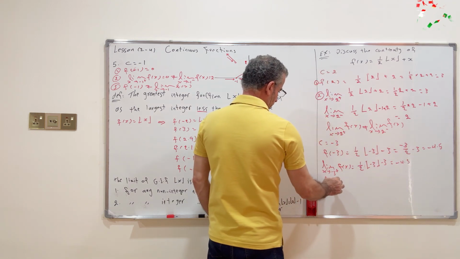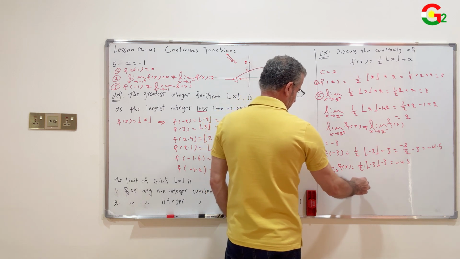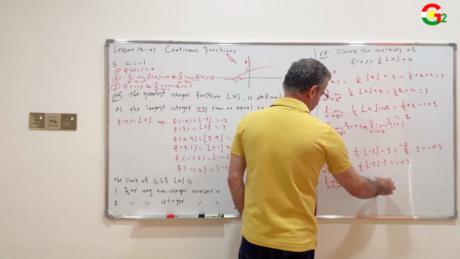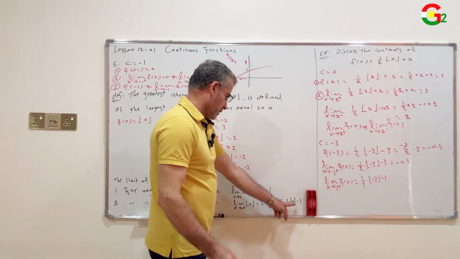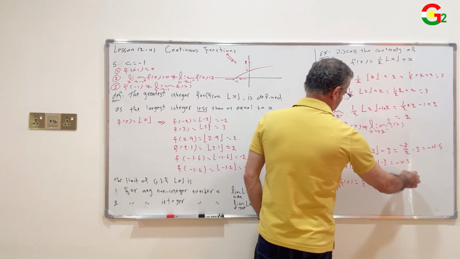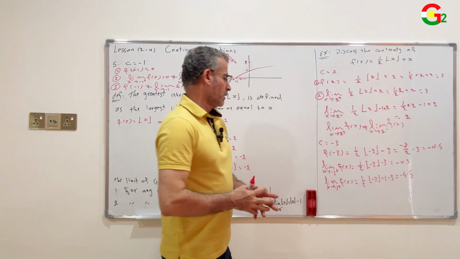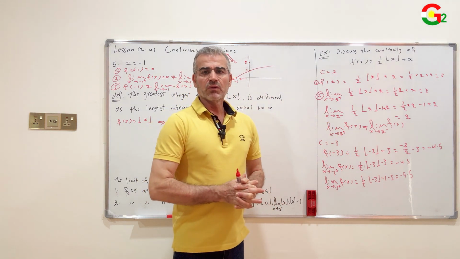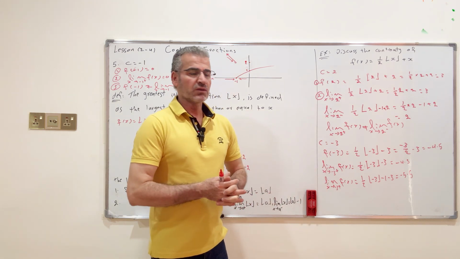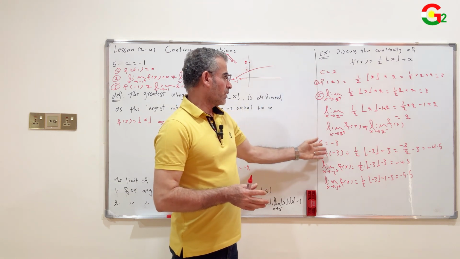But the limit when x approaches -3 from the left for f of x equals 1/2 greatest integer of -3 minus 1, minus 3, equals negative 5.5. Since the limit from the right is not equal to the limit from the left, the limit does not exist and the function is not continuous at an integer, positive or negative.